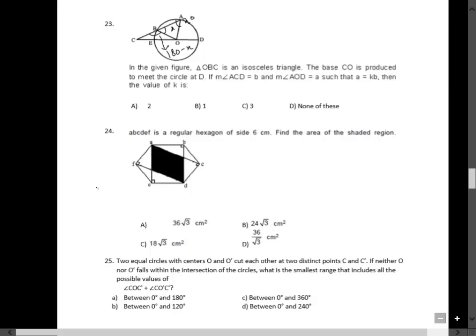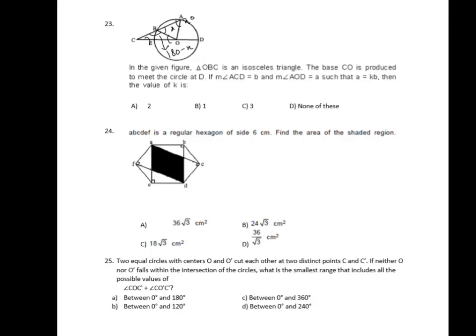So this is X by 2, this is X by 2. These two are X by 2. Yeah. X plus. Focus on it.